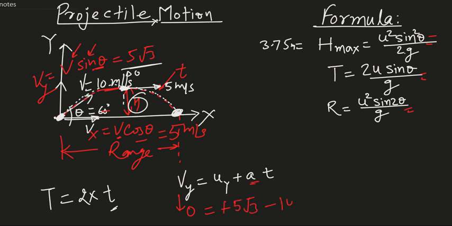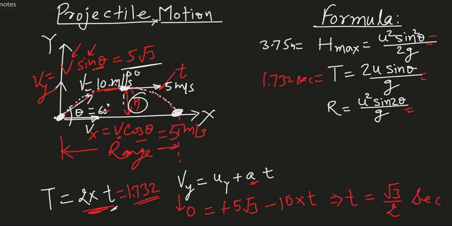Acceleration is negative, take it as 10, and this is time. So from here you get t equal to 5√3 by 10, which is √3 by 2 seconds, and the total flight time will be 2 times this, which is 1.732. Okay, put it here, 1.732 second.